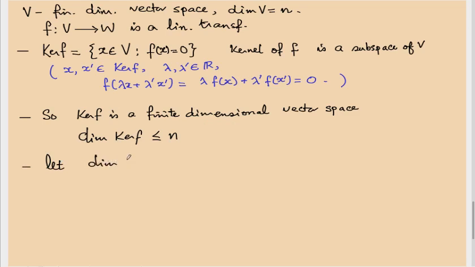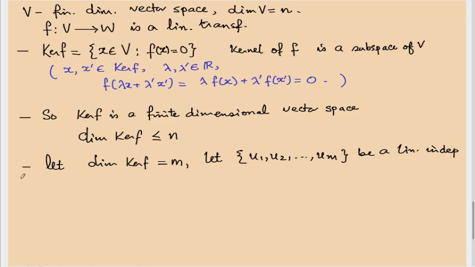So let us suppose that the dimension of kernel of F is M, and let u1, u2, up to um be a basis, a linearly independent set, of kernel of F. Remember, I am taking M, its dimension is M. Any M plus 1 vectors in kernel of F are dependent.